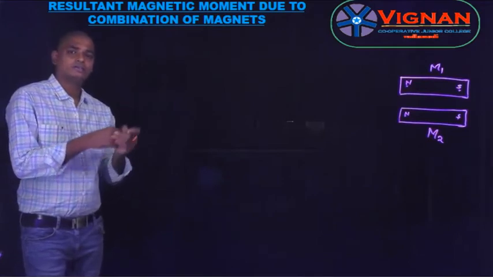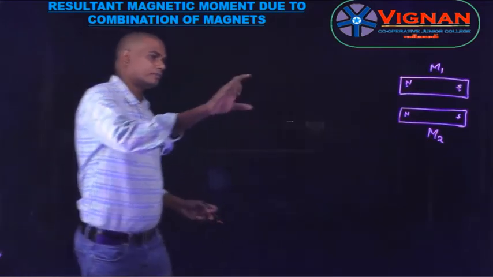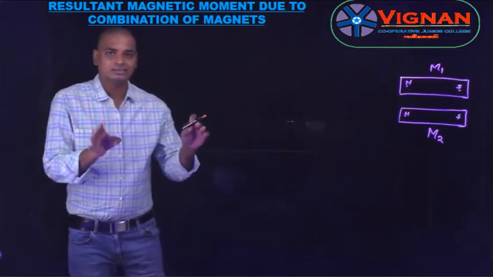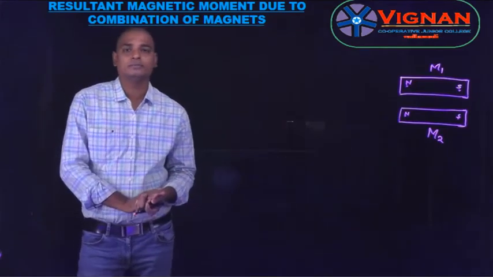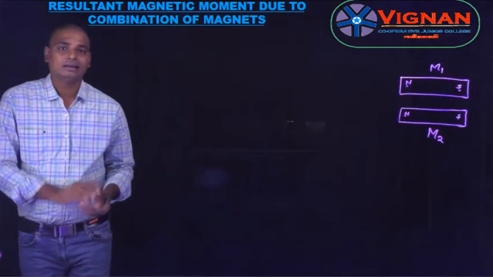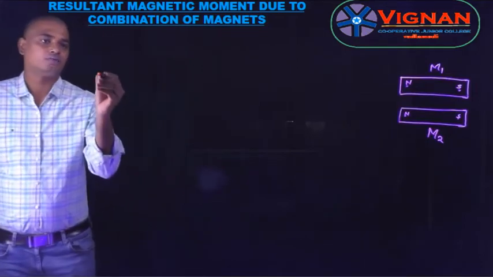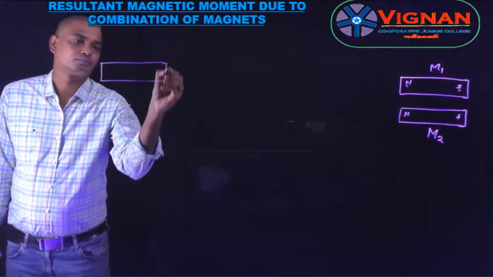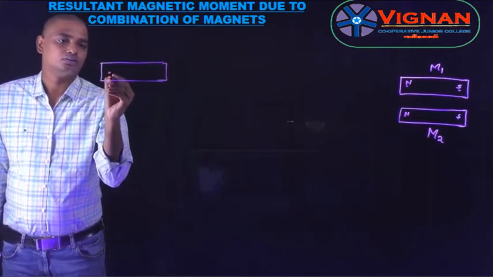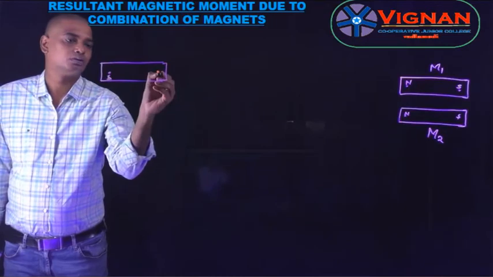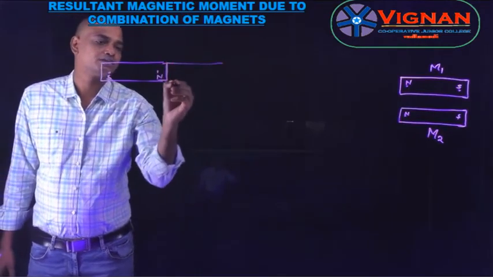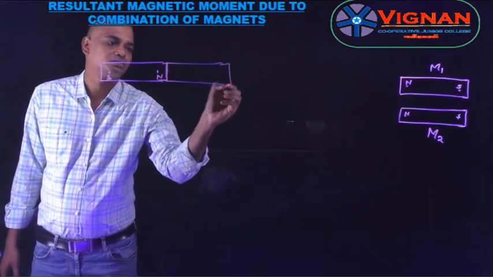So if two magnets of magnetic dipole moment m1 and m2 are placed coaxially, that is one after the another, with like poles touching each other. So if like poles are touching each other, it means like this. This is the south pole, this is the north pole. These two magnets are placed coaxially like this.